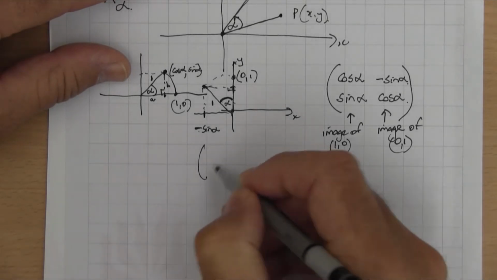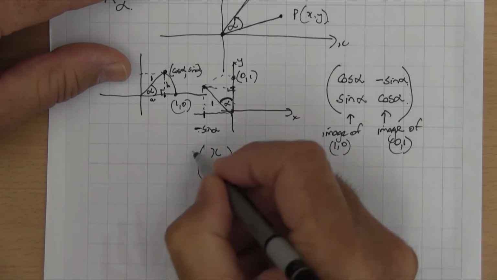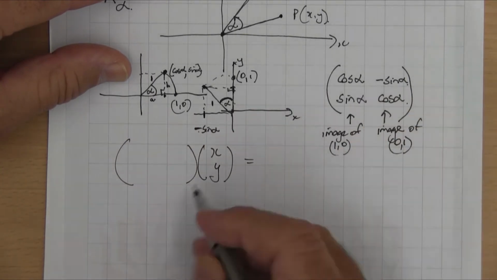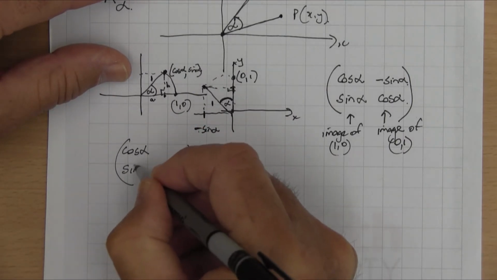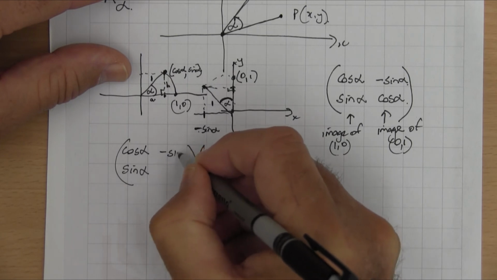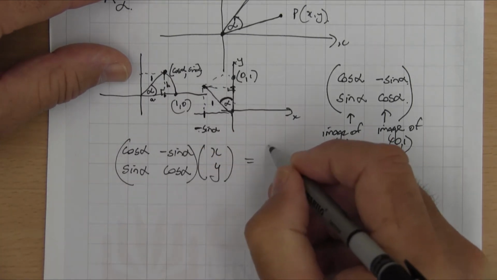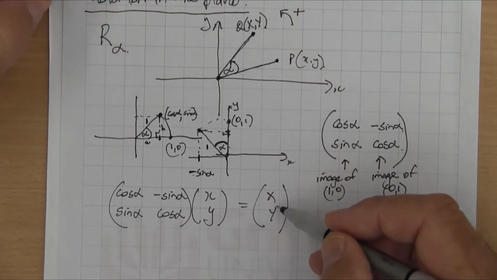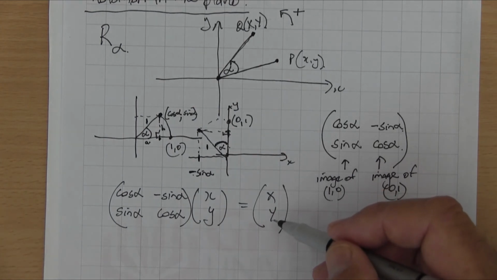So I would just put the original point, I would multiply it, you'd be given coordinates, you'd be given alpha, you'd need to be able to calculate the cos of alpha, the sine of alpha, and this is minus sine alpha, cos alpha, and that will be the final image point. That will give us the coordinates of the final image point.